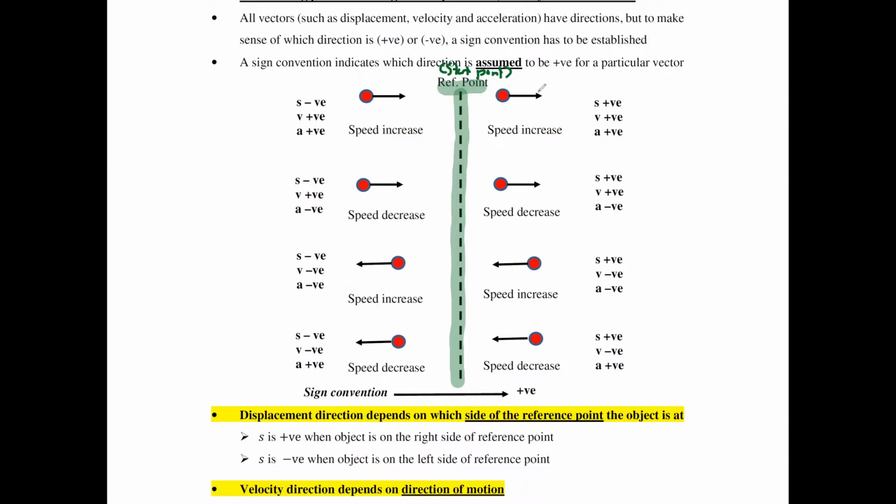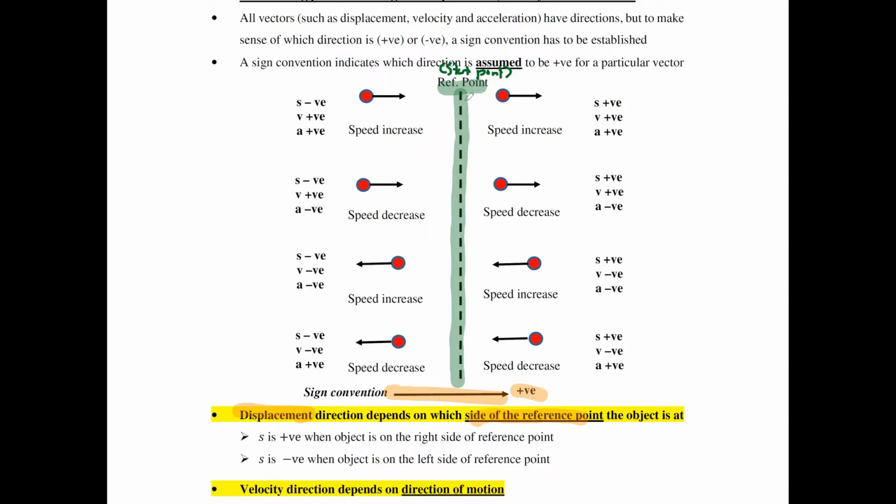Your sign convention is going towards the right as positive. When it comes to displacement, which direction is positive and which is negative depends on which side of the reference point the object is at.